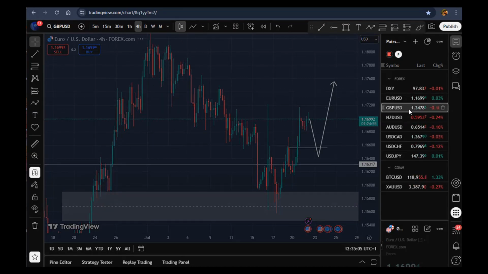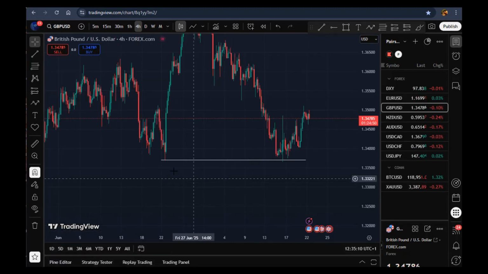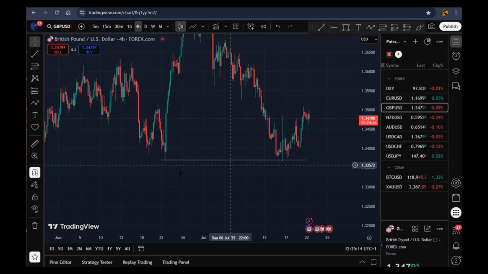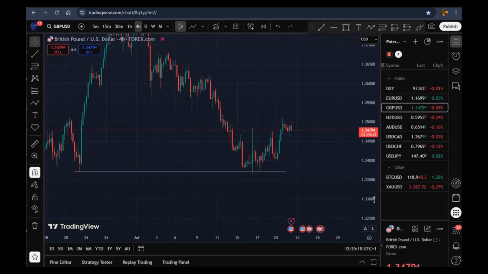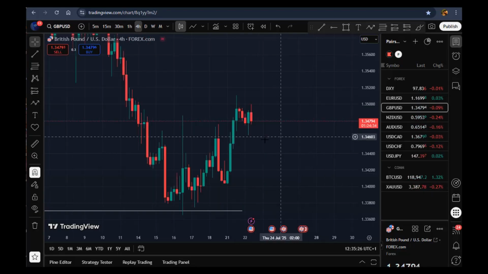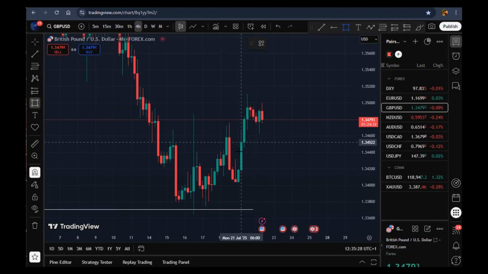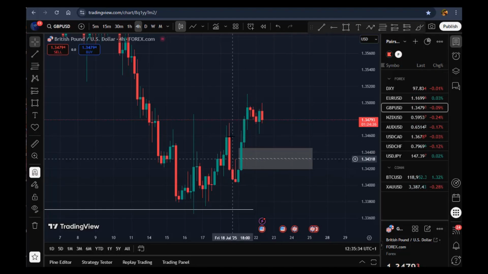And the same thing with GBP USD. We have touched down into this low, which we talked about, and price has reacted away from that level. Now on the GBP USD, because it is not the same strength as Euro USD, we can utilize this fair value gap inside of this area, because we already know that this prior down close candle is an order block.